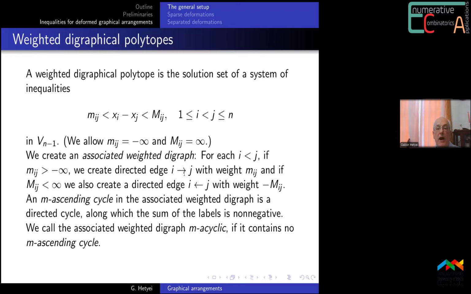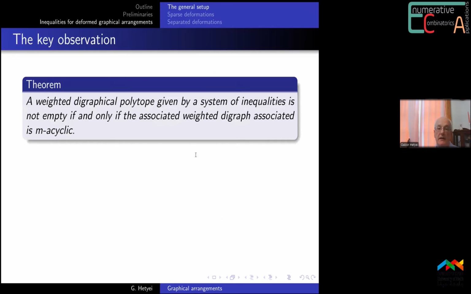There is an edge from i to j of weight lowercase mij if xi minus xj is greater than mij, and there is an edge backwards of weight negative mij. You can also think of multiplying both sides by -1 if there is such an inequality. We allow these weights to be negative infinity. If lowercase mij is negative infinity, then we keep that weight. If uppercase Mij is infinite, it will also create a weight of negative infinity.